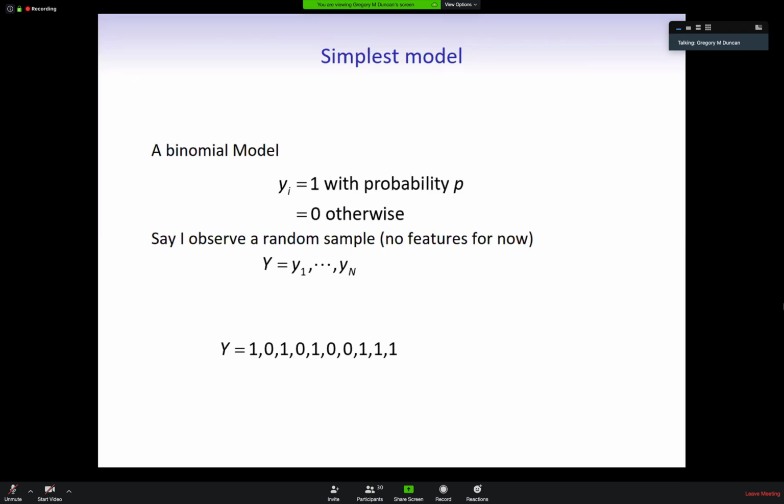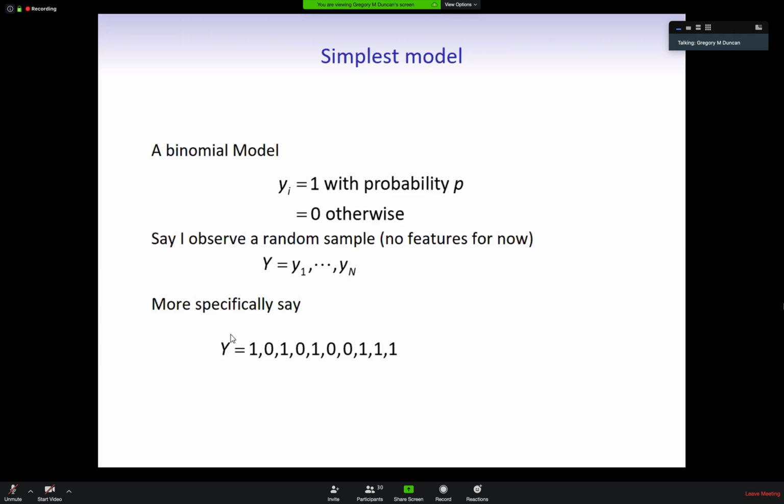So I observe only a random sample of the indicator 1 or 0, you have COVID or you don't. More specifically, say that my sample turns out to be this. I get has COVID, doesn't, has COVID, doesn't, has COVID, doesn't, has COVID, has COVID, has COVID. So I have 10 observations, and this is what I have.